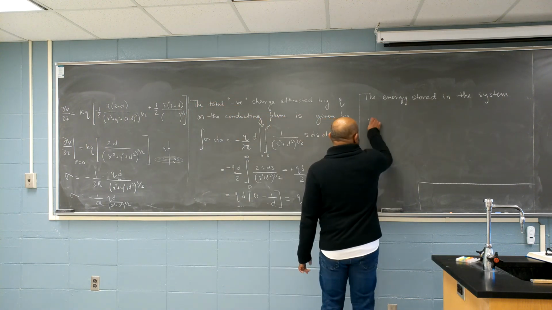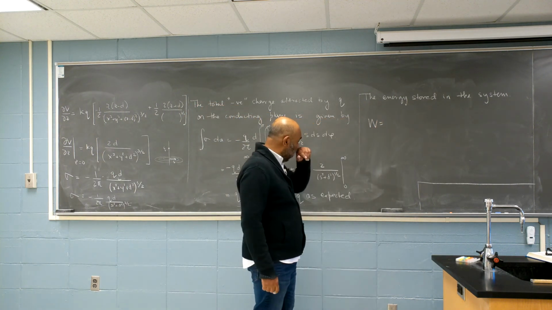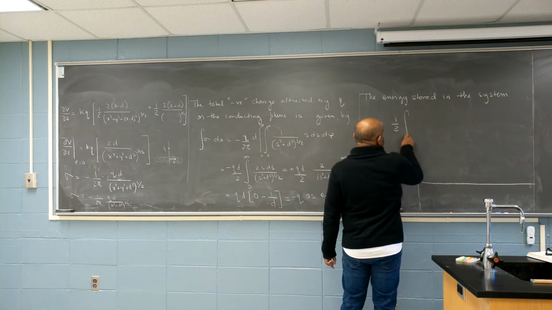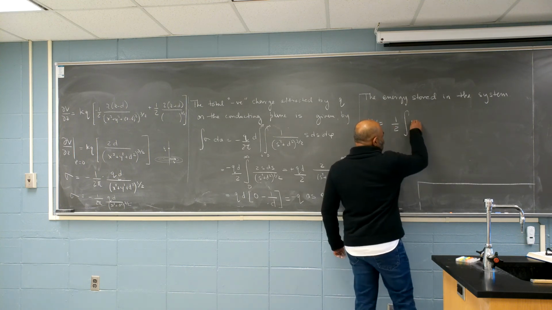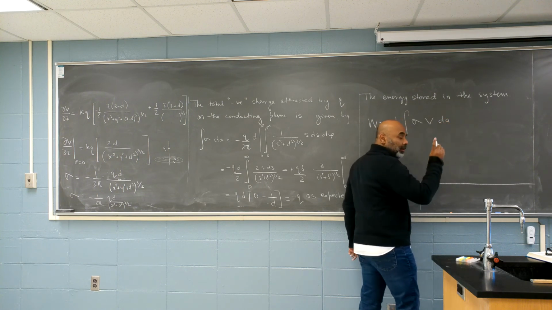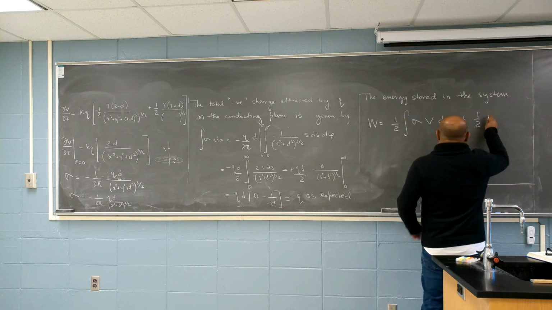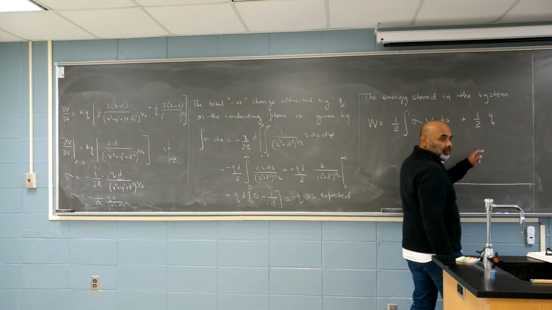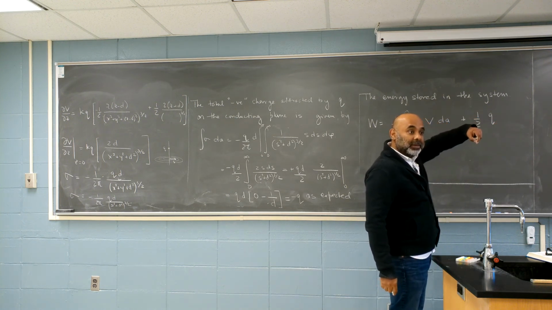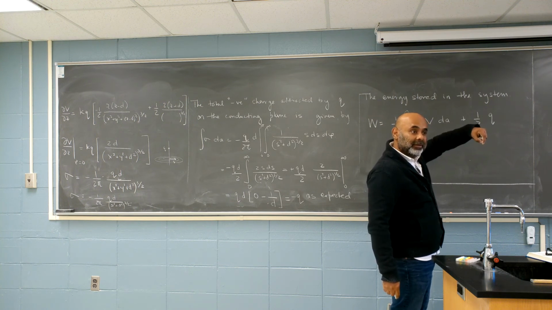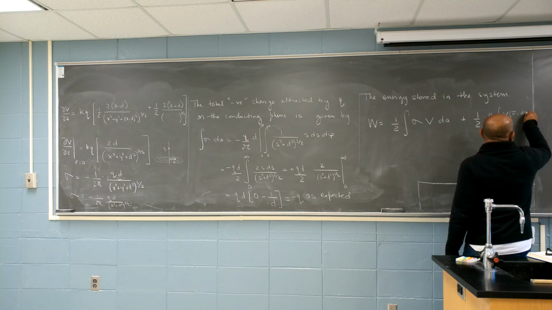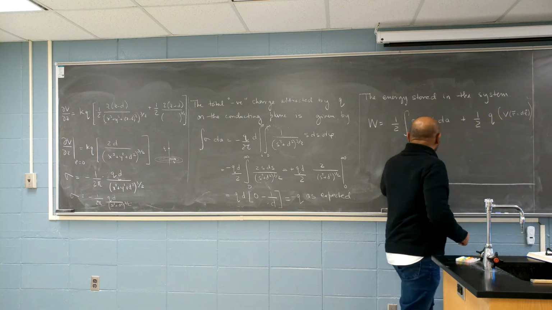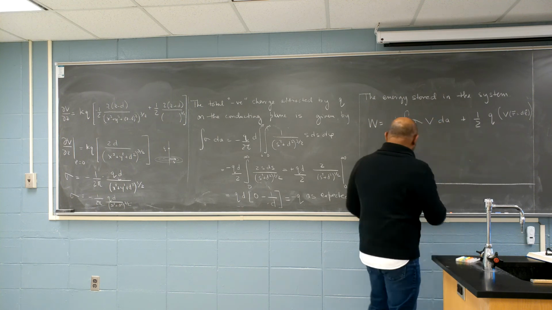One is 1/2 the integral of rho V dV, but in our case, we don't have a rho, we have a sigma V dA, plus, don't forget that charge Q, the actual physical charge, times the potential it sees at that point, the potential at r equals d z hat.